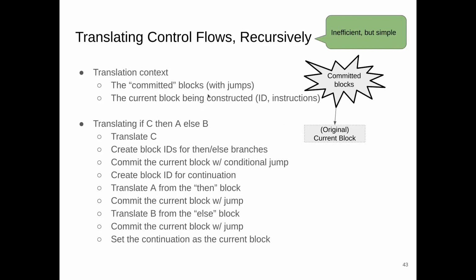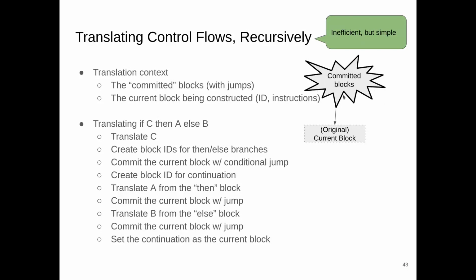So it is going to be what is called a translation unit. The interface is going to be called the translation context, which consists of the committed blocks that you already finished translating. There can be a very rich control structure graph here.